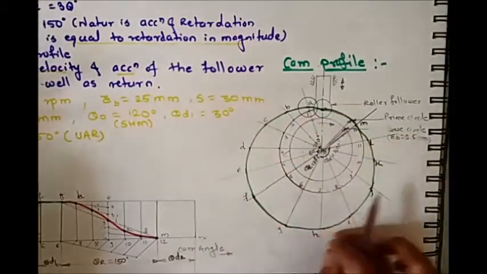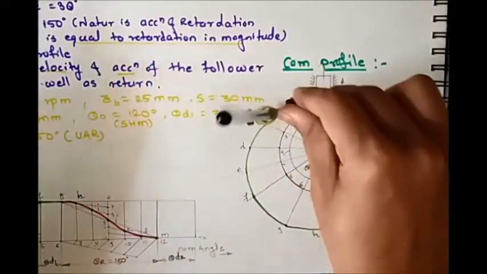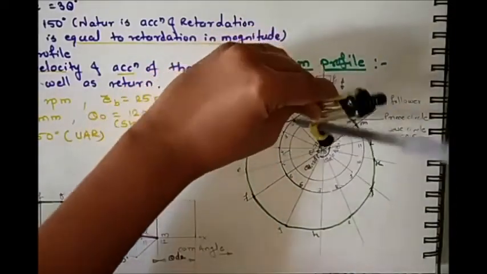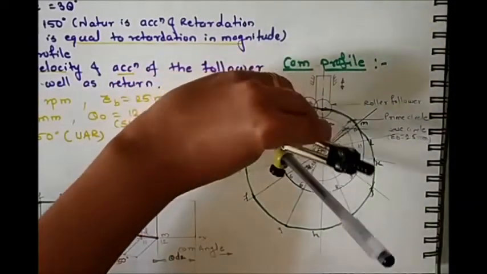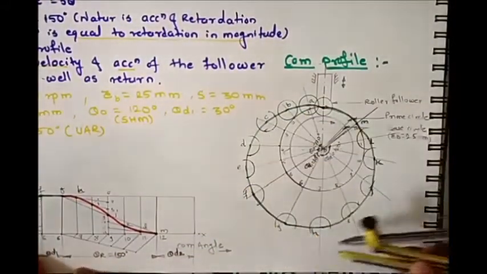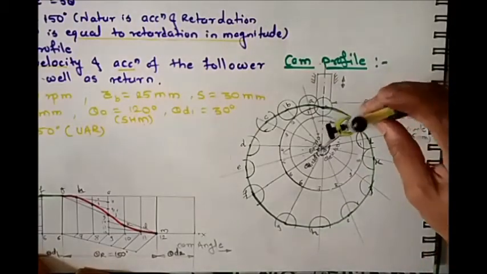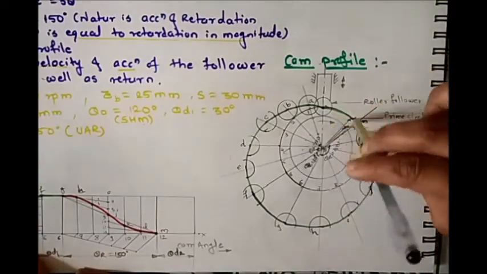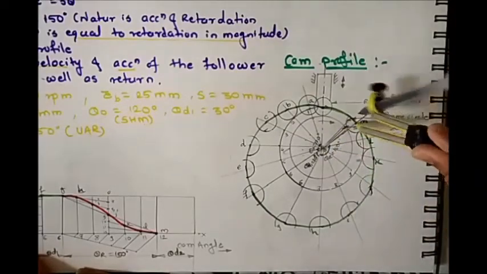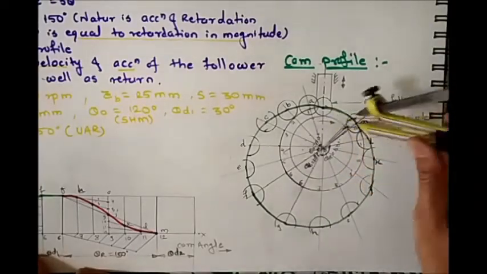Now from these points A, B, C, D, let's draw a circle equal to the diameter of the roller. In this way I have drawn the circles, from all points A, B, C, D, and last from line 12 with center M. Now this circle touches the base circle.